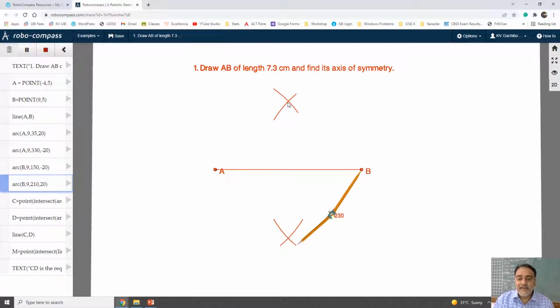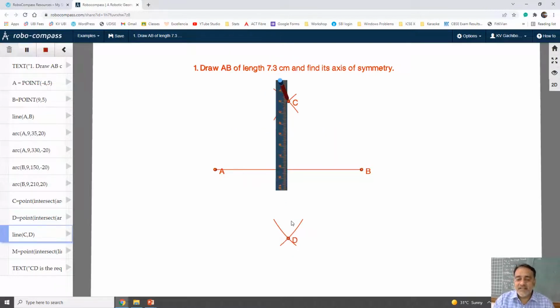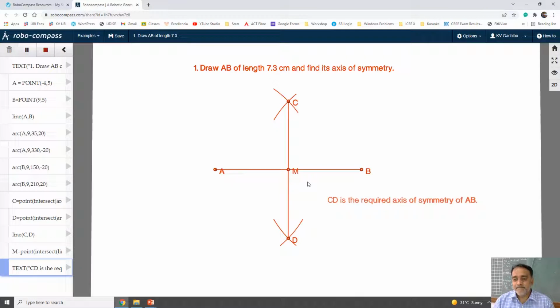So this point we will take C and this point we will take D. After that we will join CD. We will join CD. ठीक है. Now join CD by using ruler. Both the line will intersect AB at point M. This point is M. So here CD is the required axis of symmetry of line segment AB. Okay, so this is the first question of NCERT.